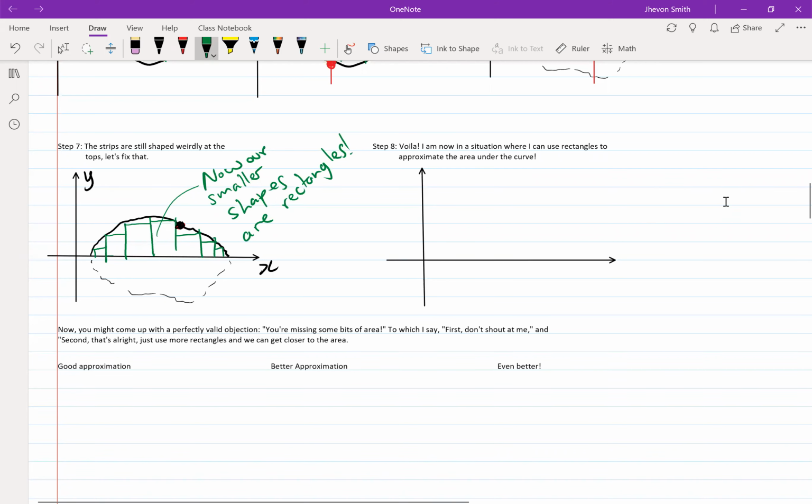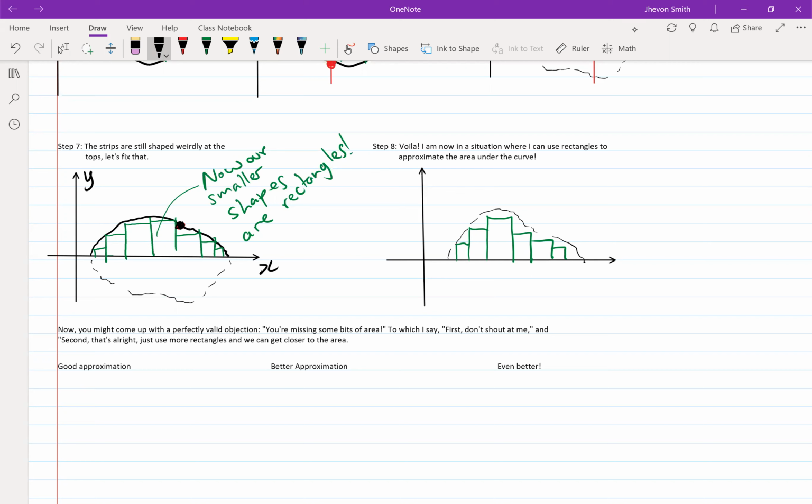So we can essentially just think of this object as the stack of rectangles. Now, of course, there's a shape out here which we care about, but essentially what we can do now is approximate the area under this shape by adding up the sum of these rectangles.